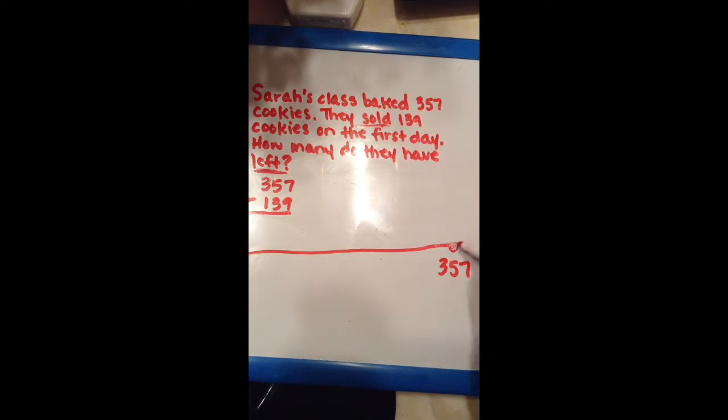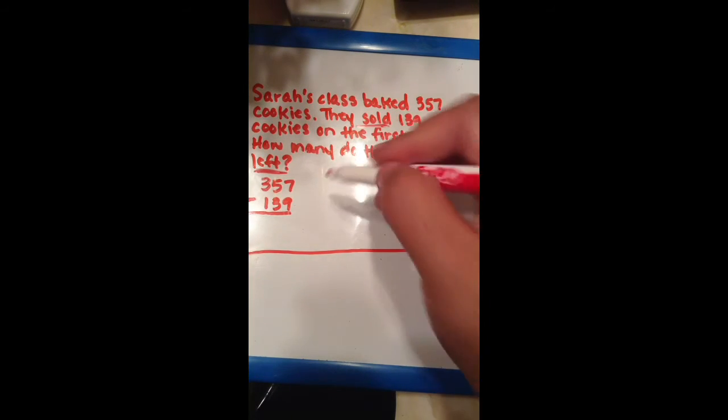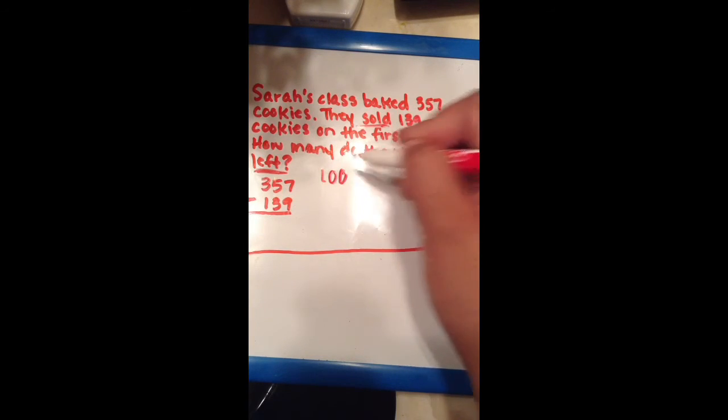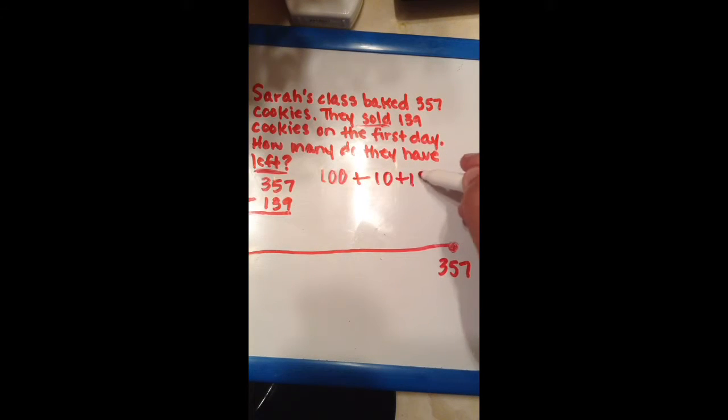So now what we want to do is break down 139 like we did before. We know that in the number 139 there is 100. There are 3 tens. I'm going to write out 3 tens just like this.